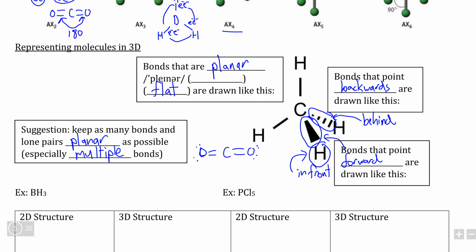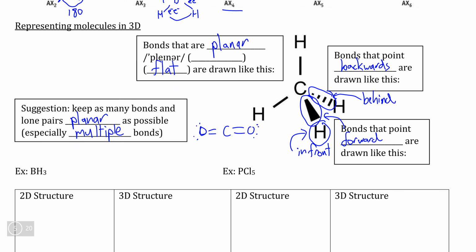Now, if we wanted to represent it in 3D, we would have to draw it something like this, which actually looks rather silly and provides a needless amount of work to show that this molecule is still linear. So again, generally it is much easier to draw as much of the molecule as flat as you possibly can without resorting to having to draw bonds and lone pairs in 3D.